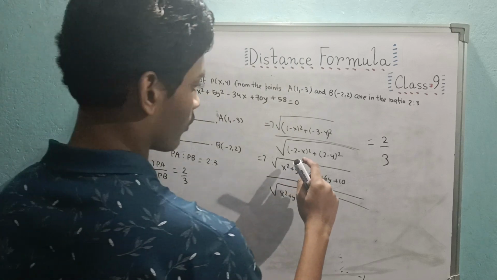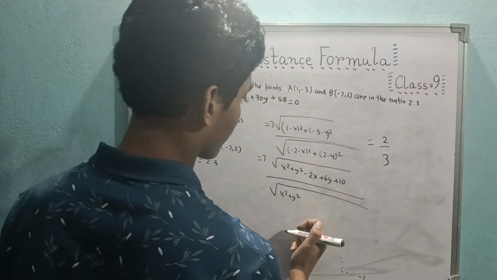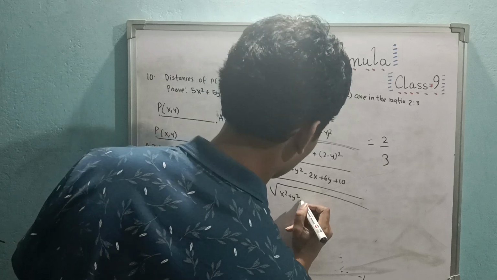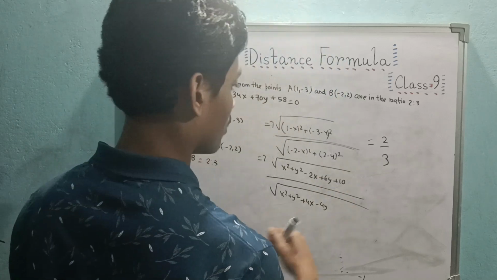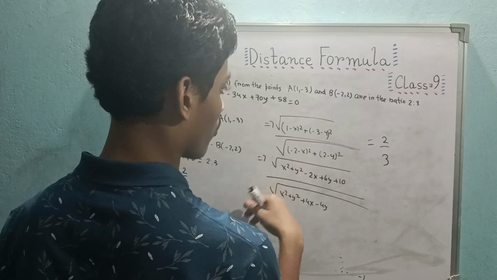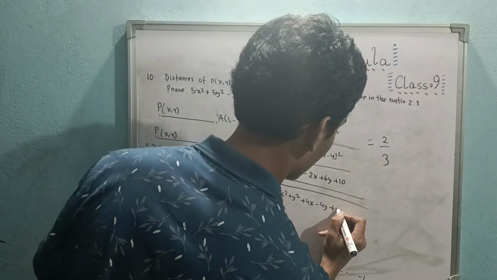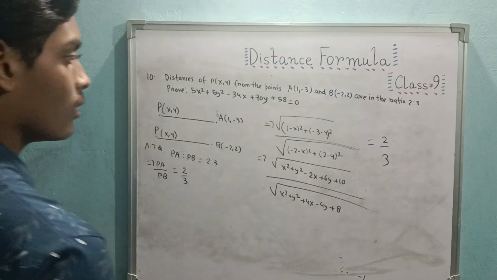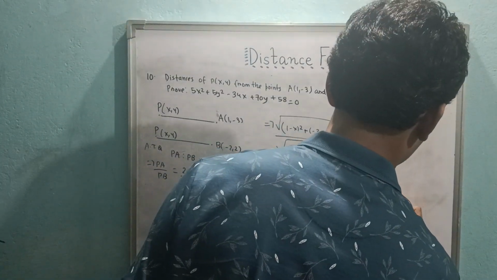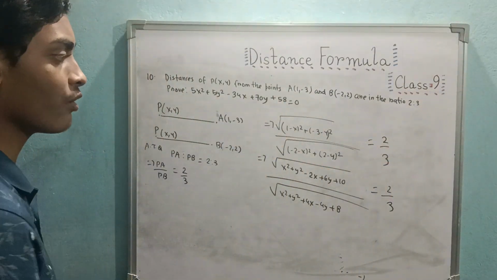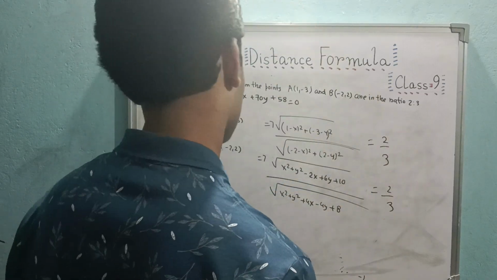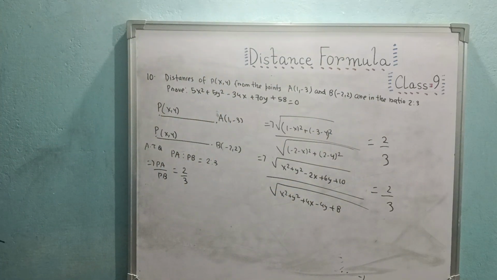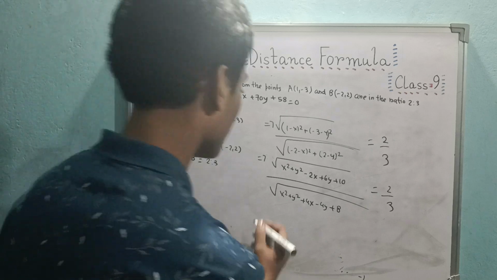Then here comes 2 into 2, 4x, and here comes minus 4y, plus 4 plus 4, 8, equal to 2 by 3. I just did the calculations directly, but you can do it by any method, a plus b whole square, a minus b square, any way you like.